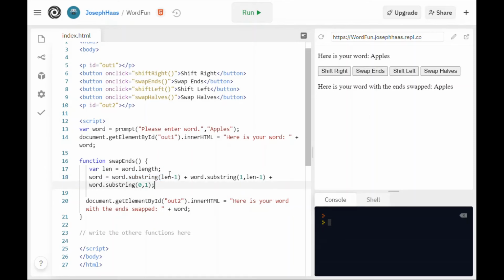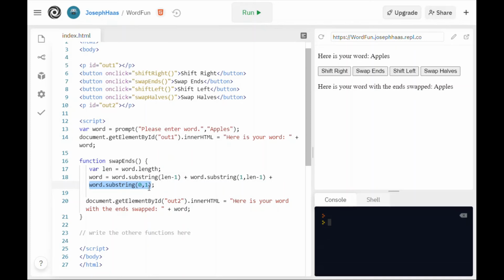I'm concatenating the last letter with this. Now, as I talked about in the last little piece, when I wrote on the piece of paper, from 1 to len minus 1 gives me everything but the first and last letter, okay? So that's sort of the middle part of the word. And then onto that, I'm concatenating this 0 up to but not including 1.